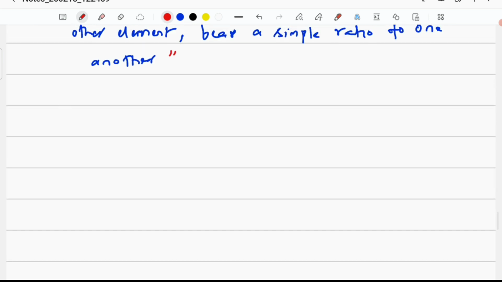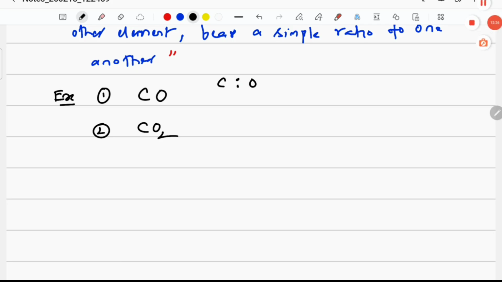So how do we need to see this? One example you see for explanation. Example C. I am taking a simple example: carbon dioxide and carbon monoxide. Here I am taking the ratio of carbon to oxygen.